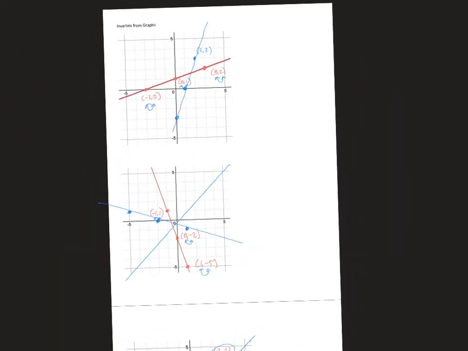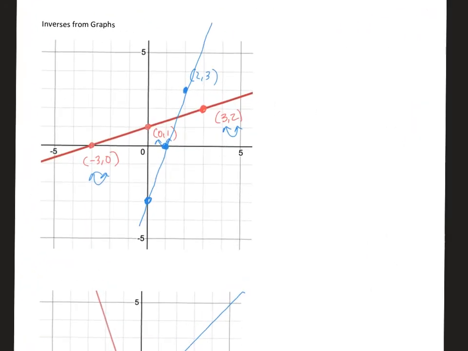And then this one, again, drawing the line y equals x. I'm having issues. Let me start here. All right. There we go. All right, so when you graph the inverse, it gets reflected over the line y equals x.